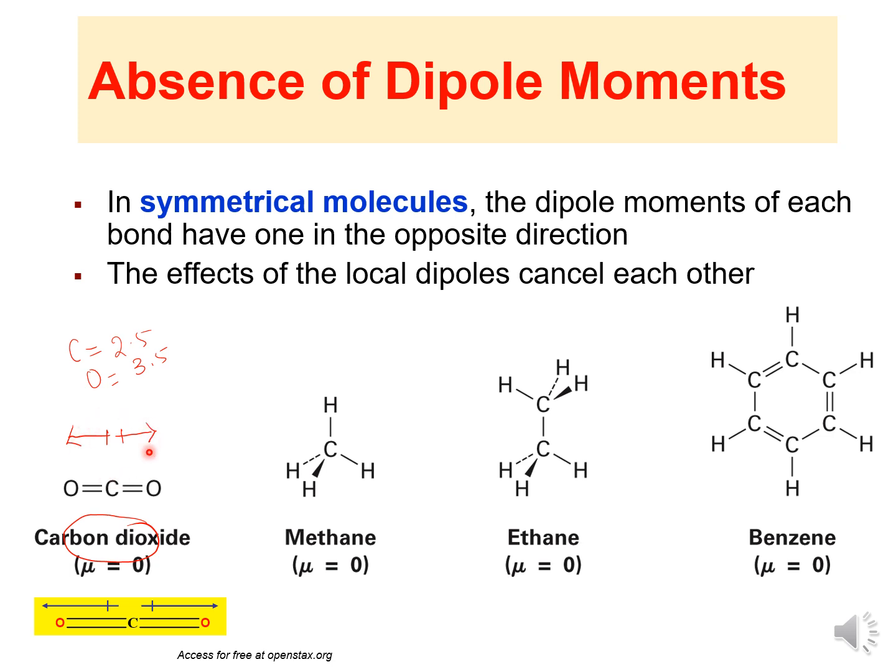They not only have a magnitude, but also a direction. In this case, there are two carbon-oxygen bonds, and the directions of the dipole moments are equal and opposite to each other. As a result, the dipoles cancel, and overall the molecule has zero dipole moment. You can see this picture here again, where the dipole moments are equal and opposite, they cancel, and therefore the dipole moment is equal to 0.